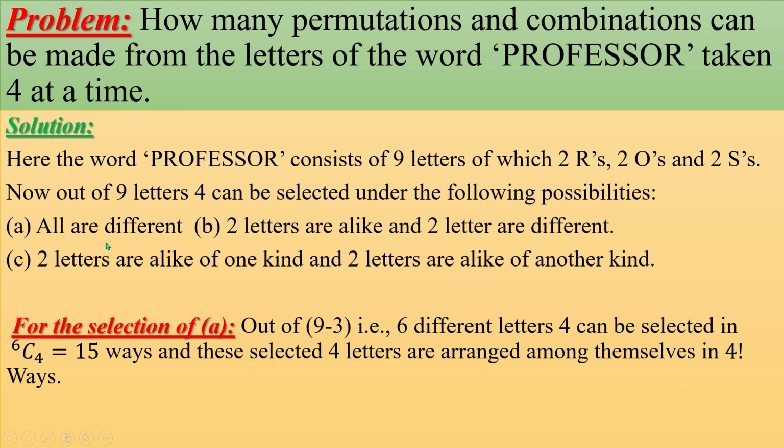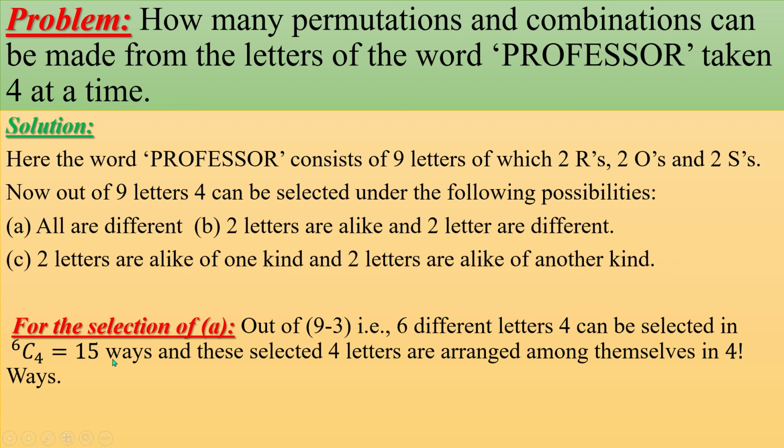For the selection of A, that means all are different. All are different means out of 6 different letters. Out of 6 means 9 minus 3, because here 2 O's are considered as 1 O and 2 S's are considered as 1 S. So the total will be 6 different letters, and 4 letters can be selected in 6C4.